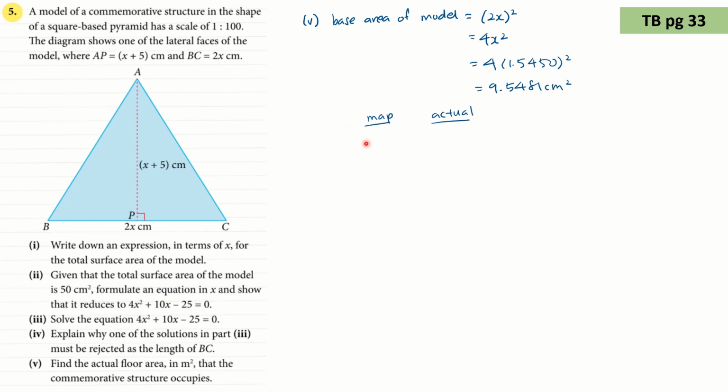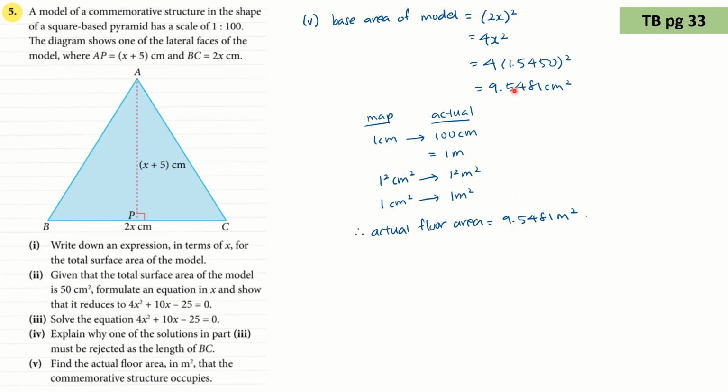So recall what we did in Sec 2 when we learned about map scales. The map goes with a value of 1 cm, the actual is 100 cm based on this ratio over here. 100 cm is actually 1 meter. So now that we are looking for area, that means that 1 cm square is representing 1 meter square, and therefore the actual floor area will be this base area multiplied by 1 meter square, which coincidentally is 9.5481 meters square.